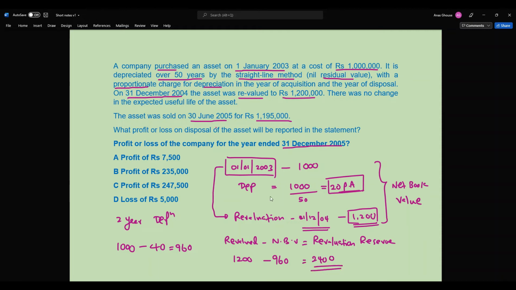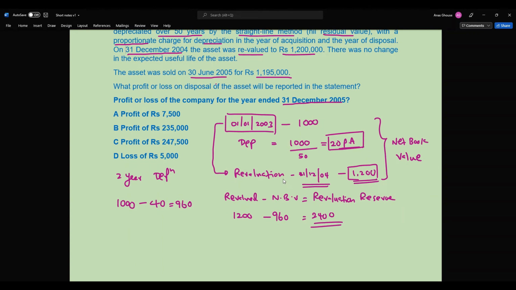Okay, however, this asset was sold on 30th June 2005.